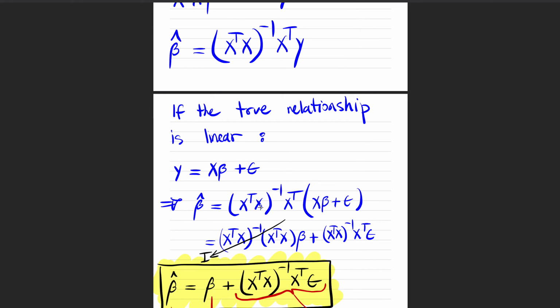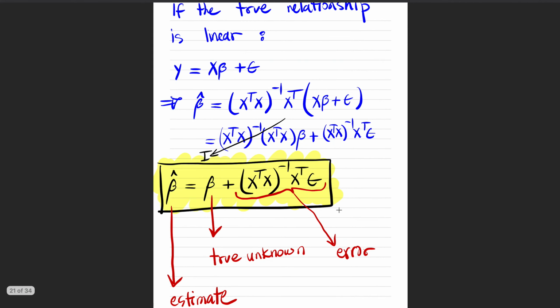So we have X transpose X inverse X transpose times X beta plus epsilon. We have this term multiplied by X beta, and this term multiplied by epsilon. X transpose X inverse X transpose X is the identity.